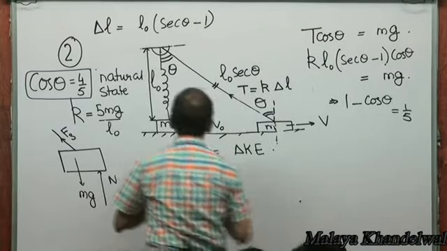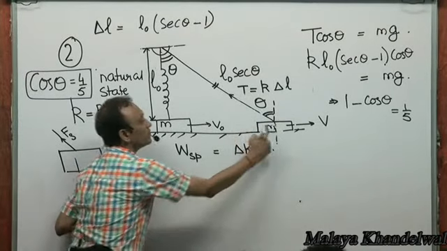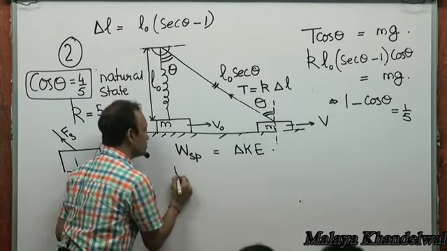That means it is the final elastic potential energy, half k delta L squared, minus the initial potential energy of the spring, which is 0, and this negative of the change must be the change of kinetic energy, half m into (v squared minus v naught squared).